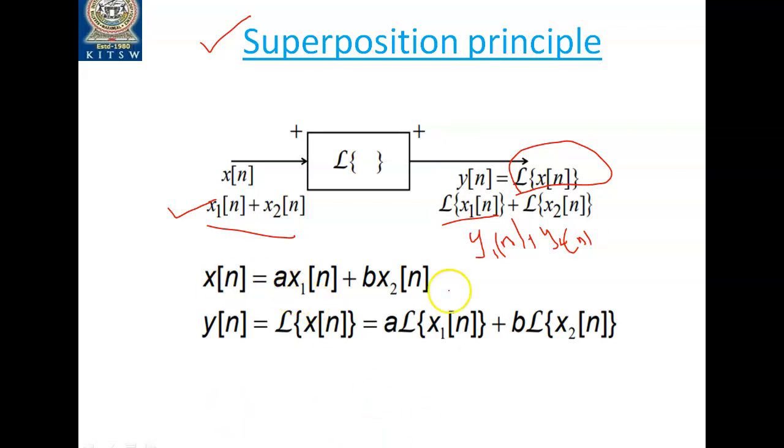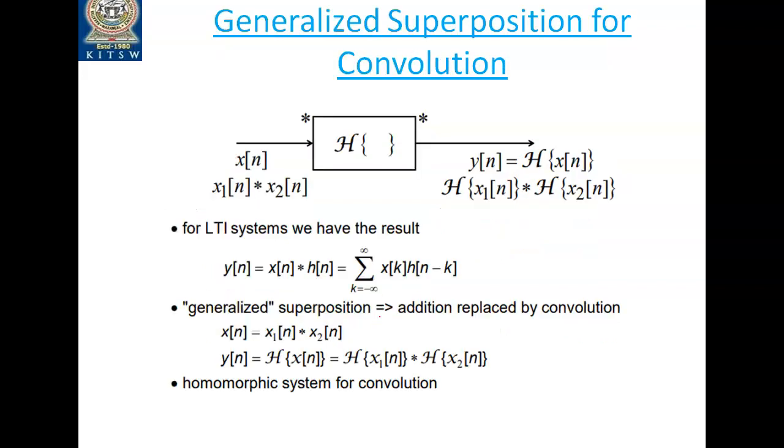The same thing is also seen in the mathematical expression. This is one of the important principles we need to take care of before we understand what a homomorphic system is. Now, for generalized superposition for convolution, this is the homomorphic system. Here x[n] is a sequence that is a convolved signal of both the excitation and the system response.